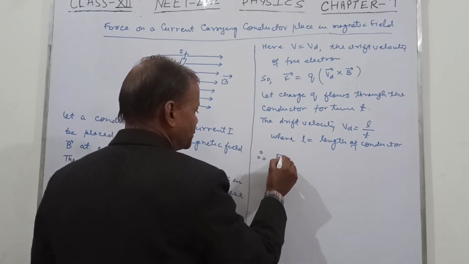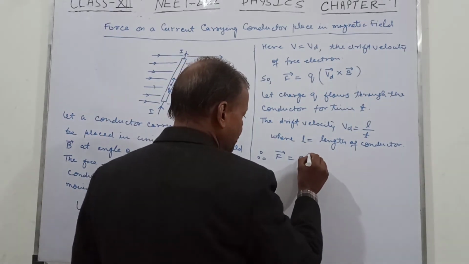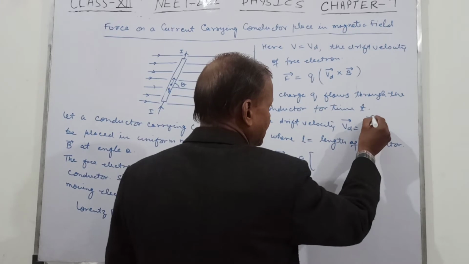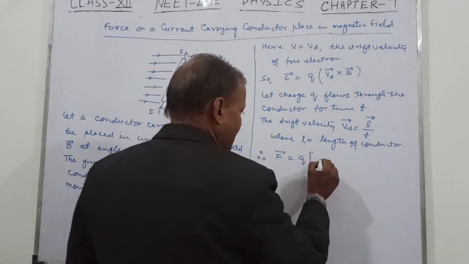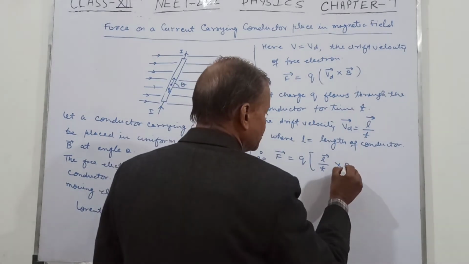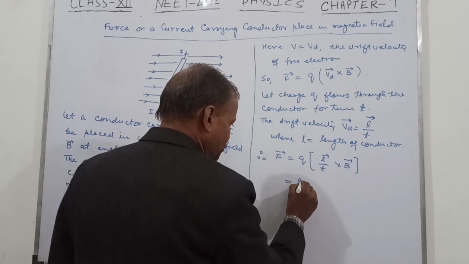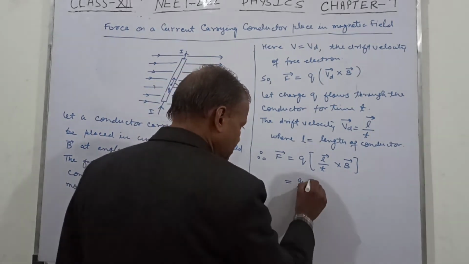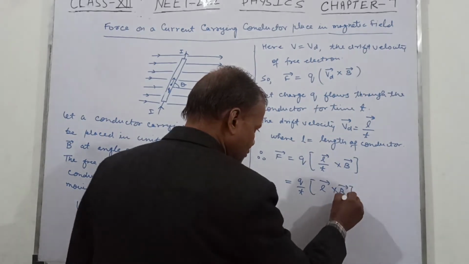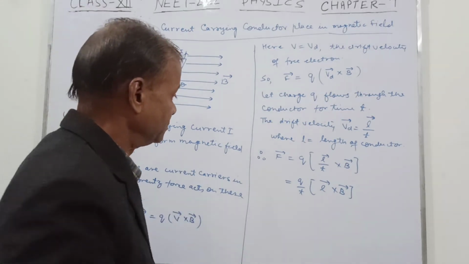Therefore, this F is equal to Q, and in place of vd we can write L upon t, cross B. So what we have? Q upon t into L cross B. Now by definition, this Q upon t is the current.